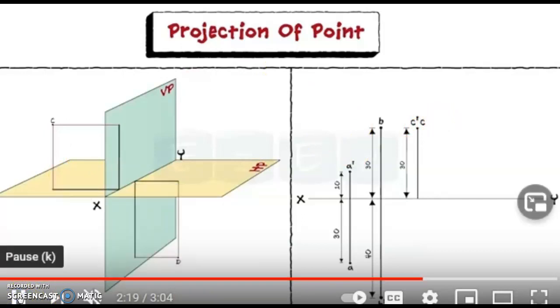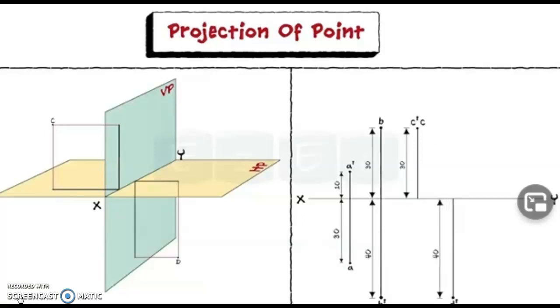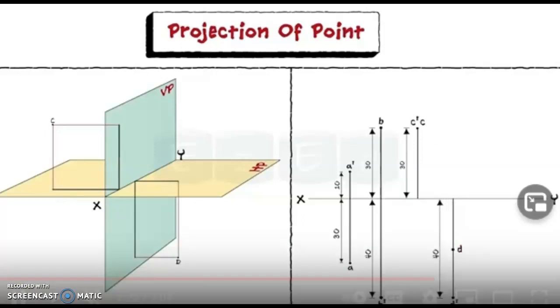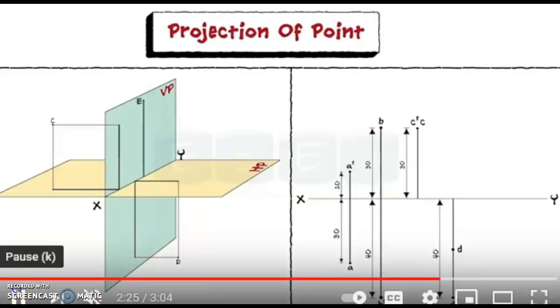Now we can go for the next question, that is the point D. Point D is 40 mm below the horizontal plane and 20 mm in front of the vertical plane. So that is in the fourth quadrant.